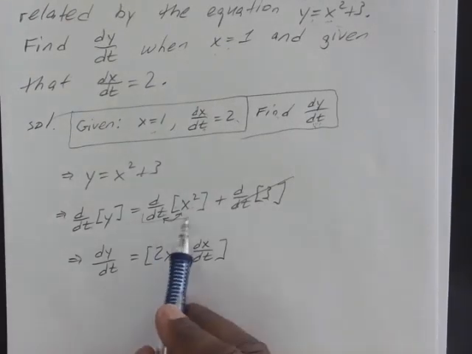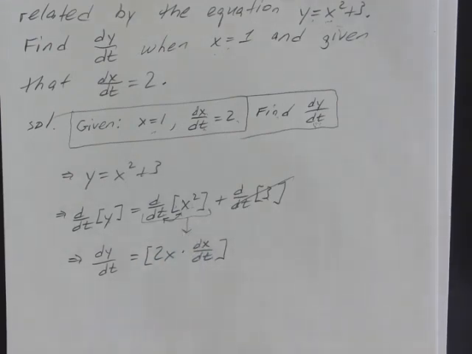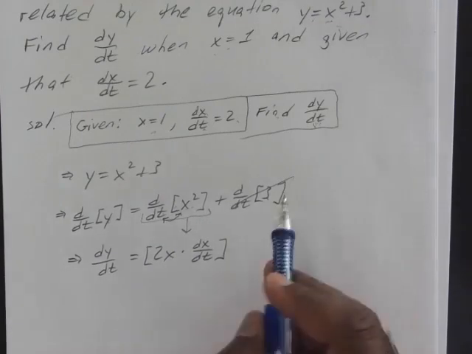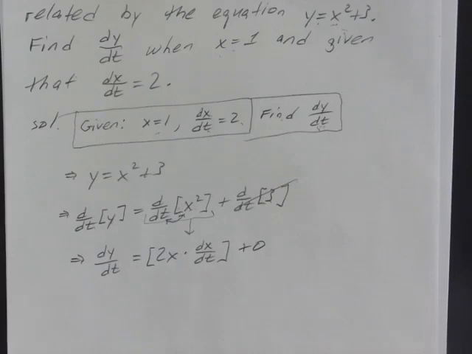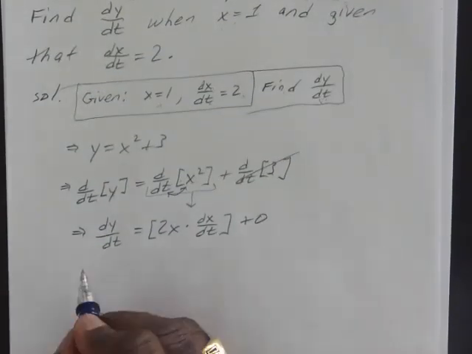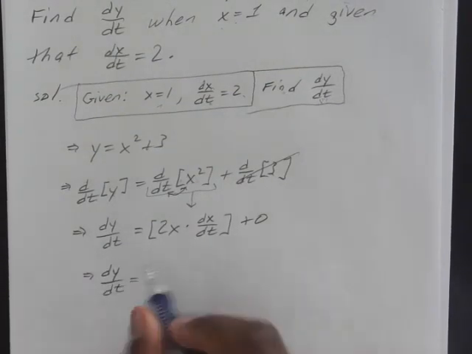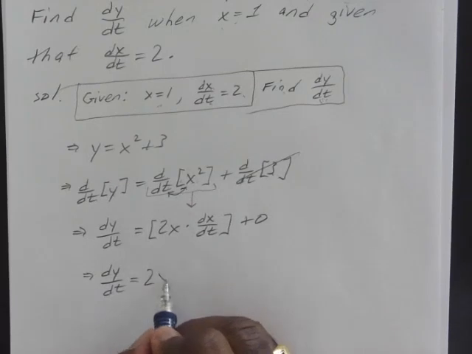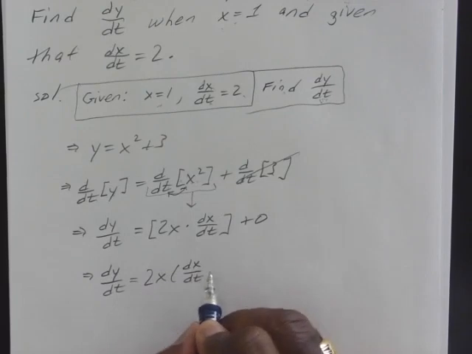Okay, so then this derivative gave us all of that. And this is 0. You don't have to put plus 0, but I'll do it anyway. Okay, so now our dy dt is equal to 2 times x times your dx dt.